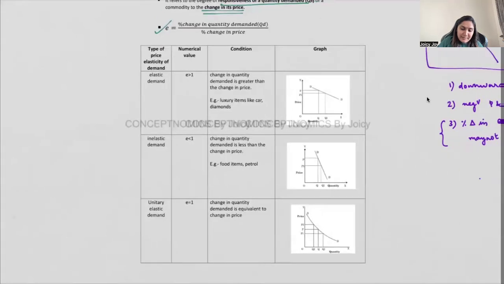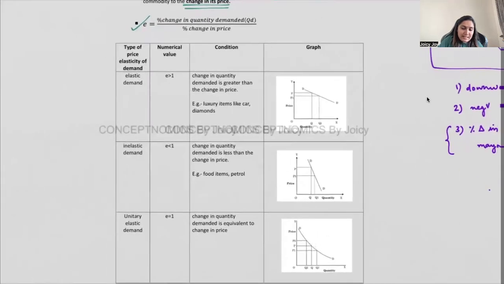So these are the three types of elasticity. One is elastic demand, where the change in quantity demanded is greater than change in price. We have discussed this. Then change in quantity demanded is less than change in price. That is inelastic demand. And where both the percentages would remain the same, that is change in price and change in quantity demanded, that would be called unitary elastic or unit elastic.